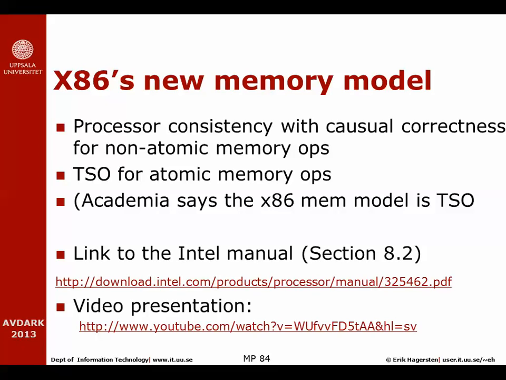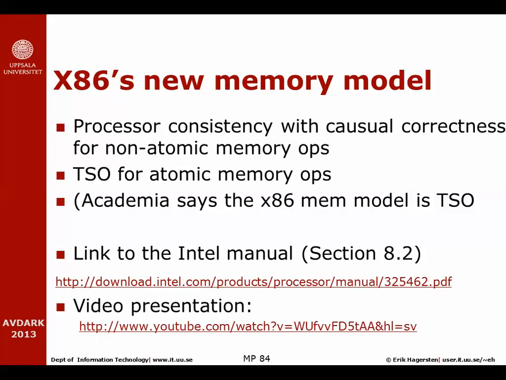And they say that they implement total store order for all atomic memory operations. Academia doesn't completely agree with Intel, and academia has studied the matter, and they claim that what is actually implemented in x86-64 these days is actually total store order.